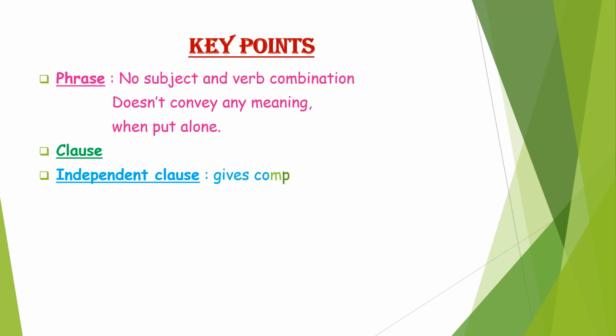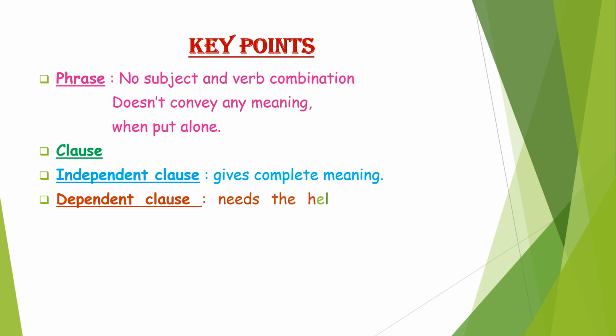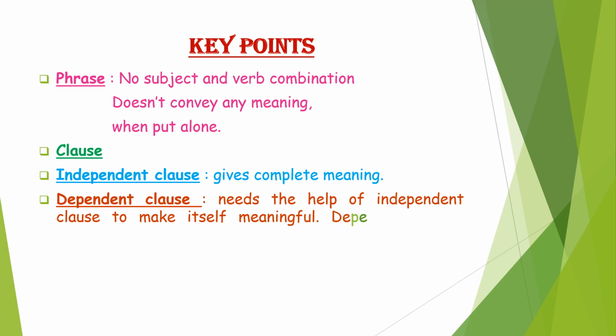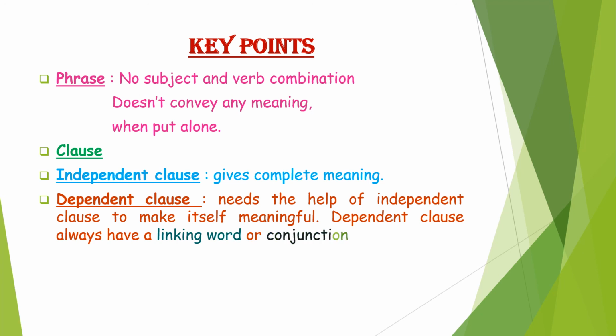What is independent? Giving complete meaning. At the same time, dependent has to get the help of the independent clause to convey its meaning. You can see a dependent clause always has a linking word or conjunction.